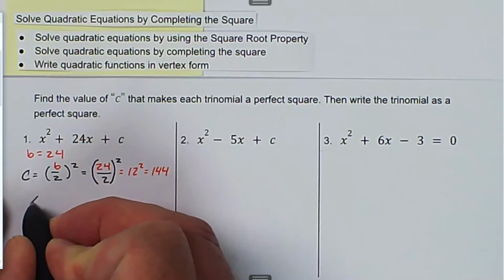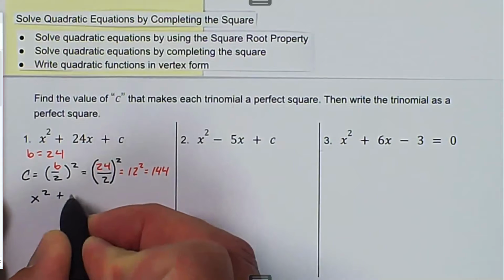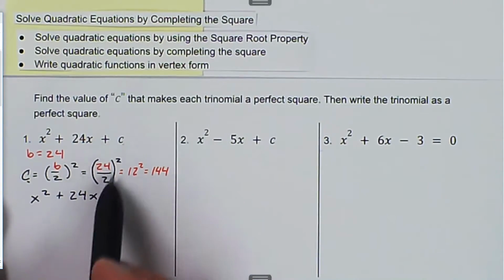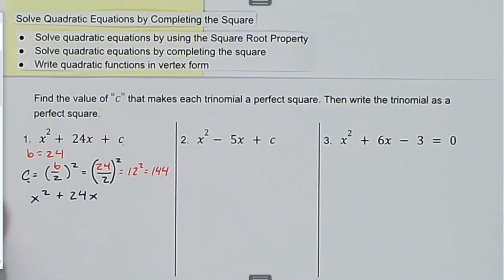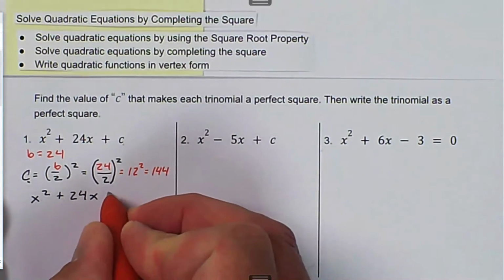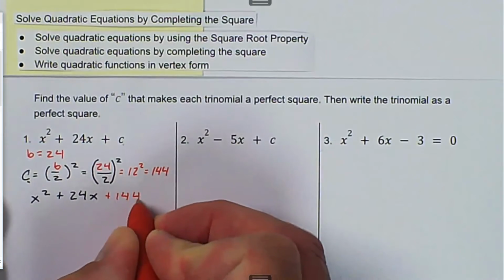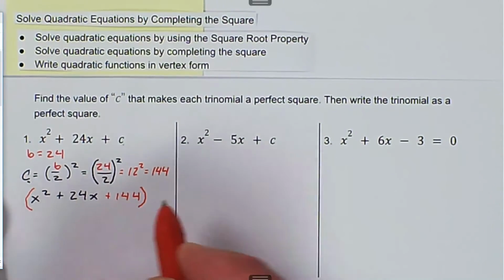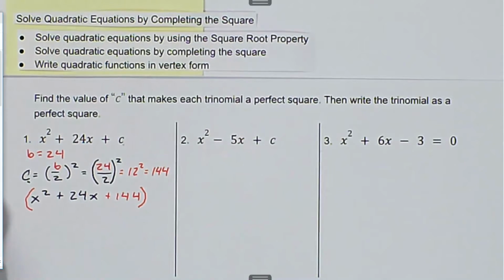So we're going to say x squared plus 24x. And now we just calculated our c value, so we're going to replace that. Our c value is going to be plus 144. So that's our new trinomial that is going to allow this to be a perfect square.